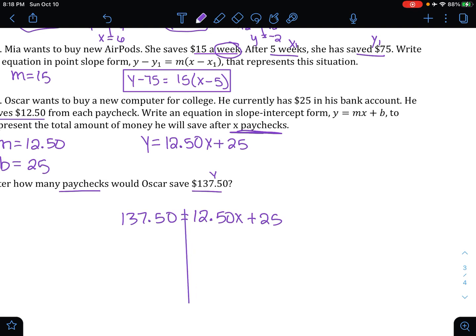So we're going to start by drawing our line through the equal sign. And now we need to think about moving everything away from the x. So first thing we need to move is 25. So we're going to subtract 25 from both sides. When we do that, we get 112.50 equals 12.50x.